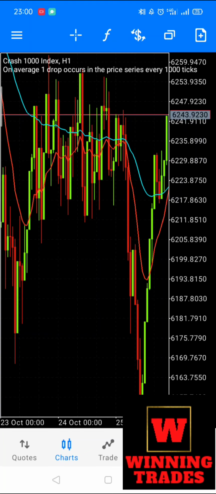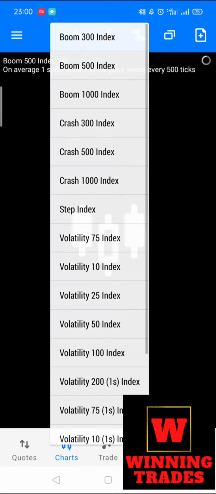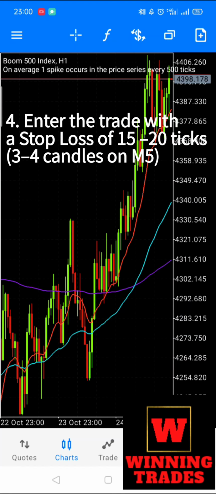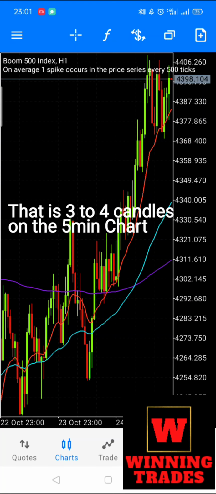Number 4, to enter a trade with an SL, the stop loss for entry is 15 to 20 ticks, depending on if you are buying boom or selling crash.